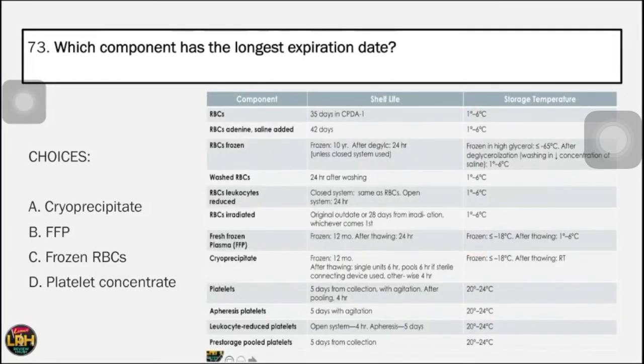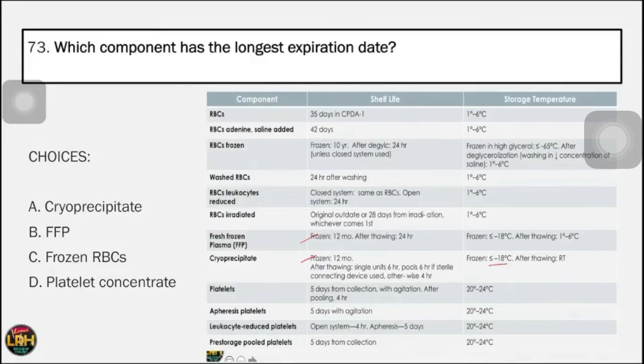It is very important that we are familiar with the shelf life and storage temperature requirements of each blood component. Cryoprecipitate requires a storage temperature of less than 18 degrees centigrade or less for it to be stored within 12 months. The same with fresh frozen plasma, which can be stored for 12 months.